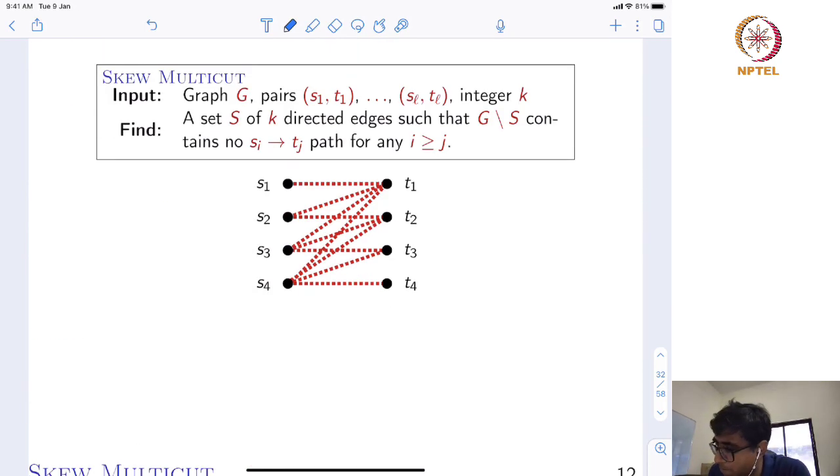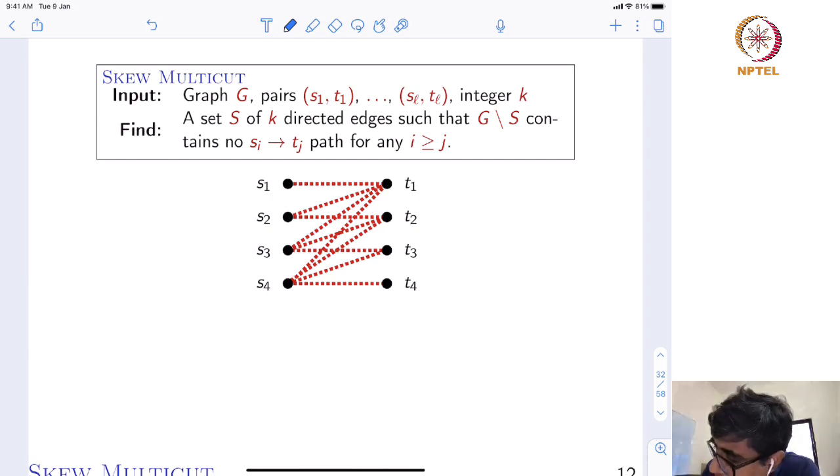Here is a very interesting special case of directed multicut, called skew multicut, which has been an extremely useful algorithmic tool in directed graphs. So what is skew multicut?